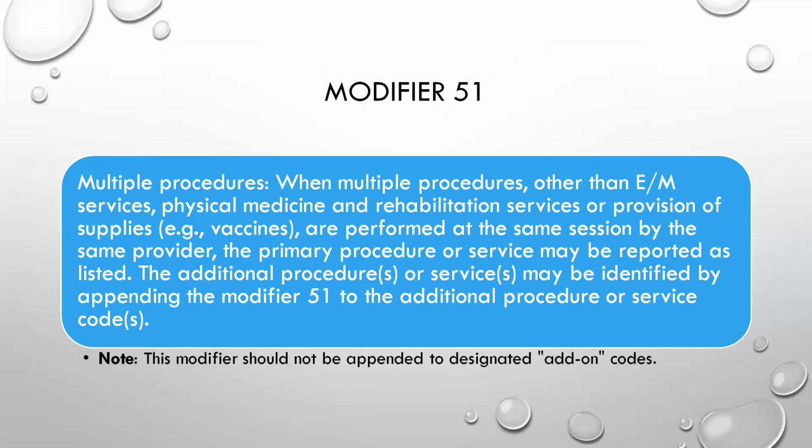That's another reason why an encoder or a scrubber is very important if you're not familiar with those specific guidelines, because you can run it through the scrubber and it's going to tell you whether you need to append that 51 modifier.